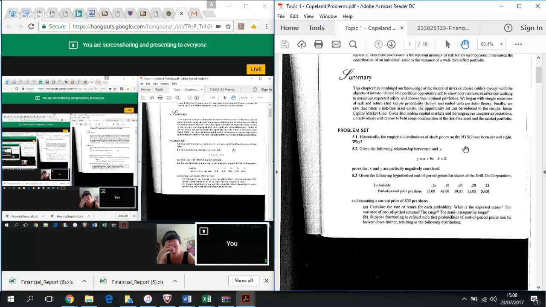The moment X is zero, the right hand side Bx will be zero, right? Zero multiplied by anything is zero. So Y will be equal to A. That's what the Y-intercept tells me. When X is zero, what will be Y? That's why it's called Y-intercept.